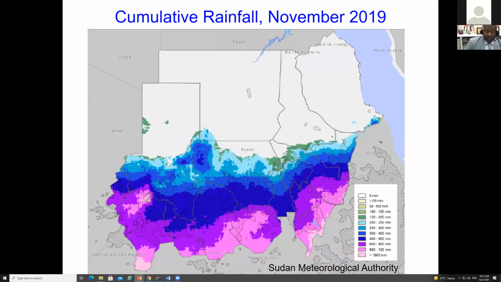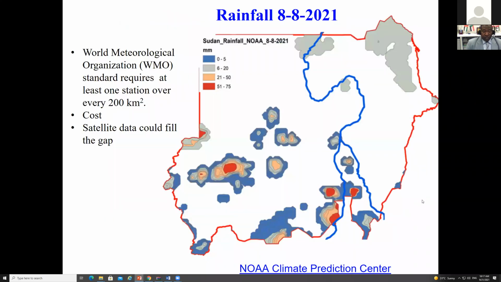Also, if we look at the rainfall, mostly in the middle center of Sudan and South Sudan, we have more rainfall. That means all areas in this region will most probably be affected by flood. Estimation of rainfall from satellite helps a lot, because sometimes in these areas there is no meteorological station to measure the rain.